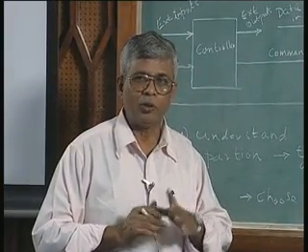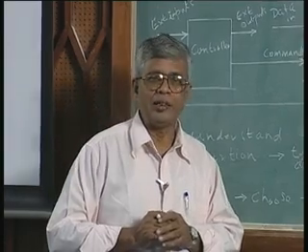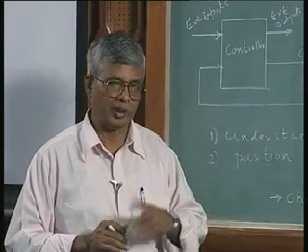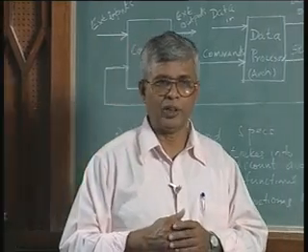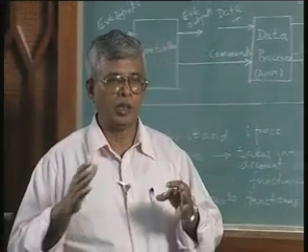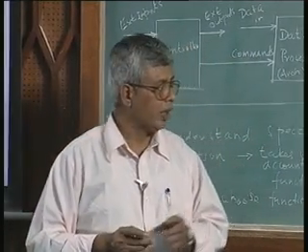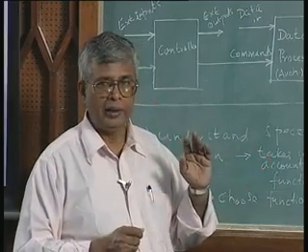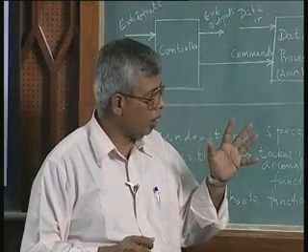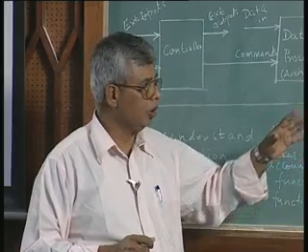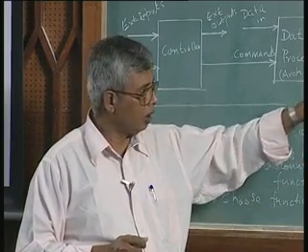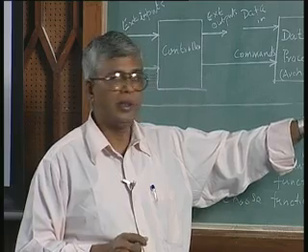So it is better to follow those conventions, especially when you are doing a design which is going to be used by somebody else, either for troubleshooting or for later use or later modifications. It is better that you conform to certain standards and norms. So let us first have a quick look at how to draw the ASM chart for a given controller. First we will spend some time on drawing an ASM chart, then we will take a few examples.